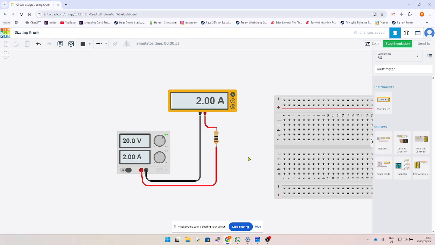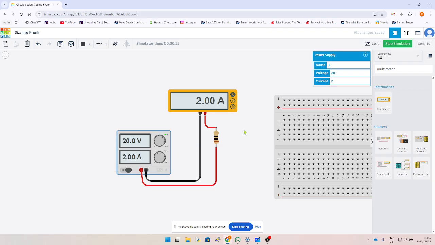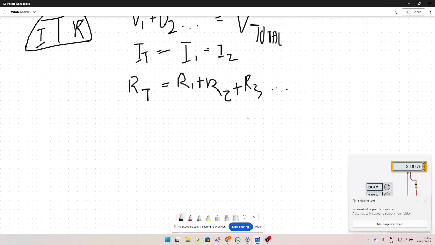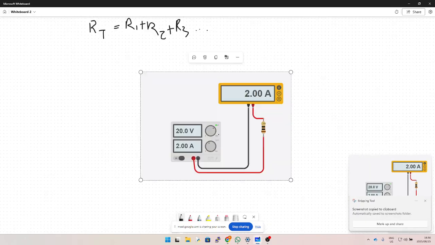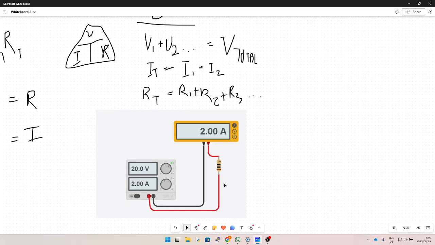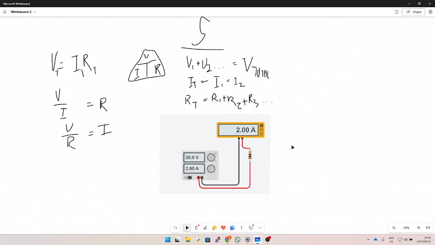Okay, anyways, so this is your simple circuit. As you can see, it's outputting 20 volts, 2 amps, and your resistor is 10 ohms. Quite simple stuff. Because it's a series circuit, there's only one pathway. Before you even start with your calculations, identify whether it's series or parallel.